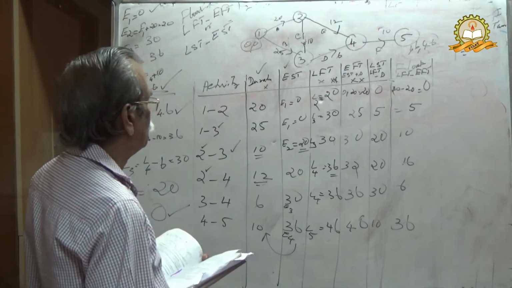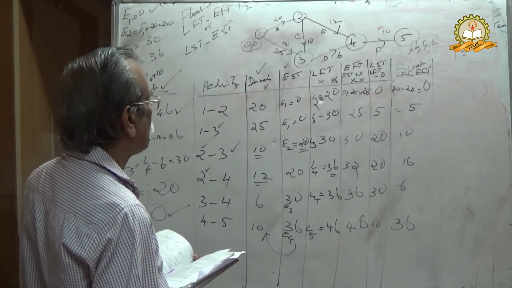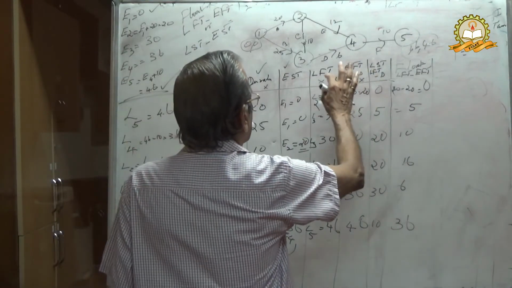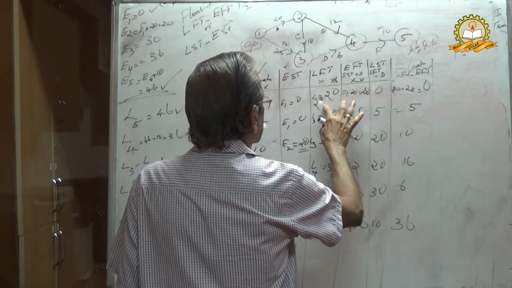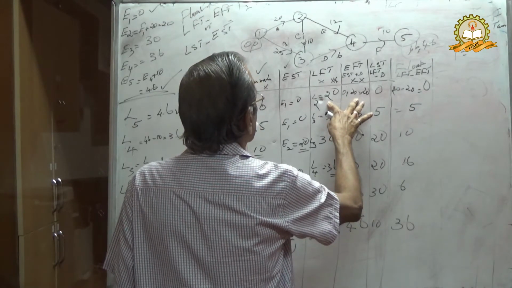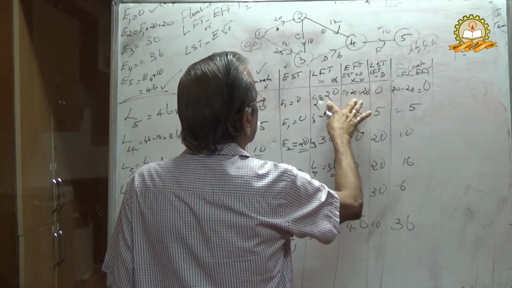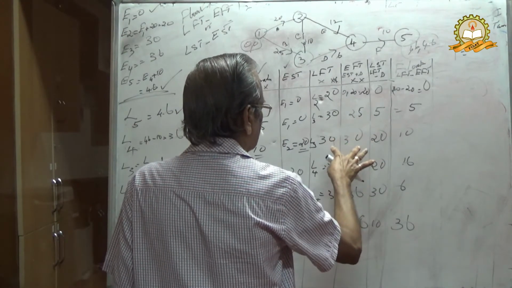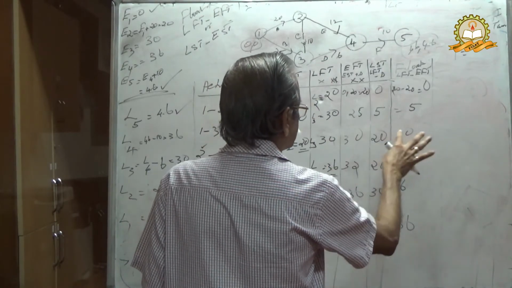And free float is equal to LFT minus this. EFT: 0, 5. Here it is 0.